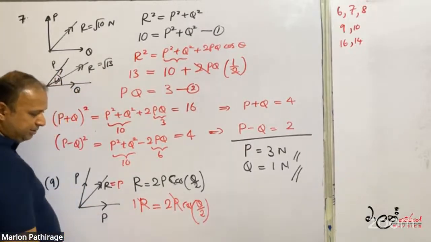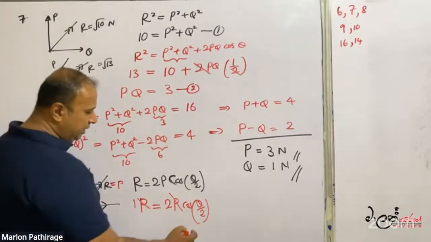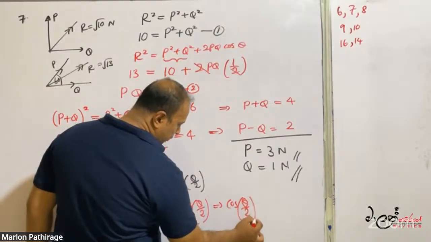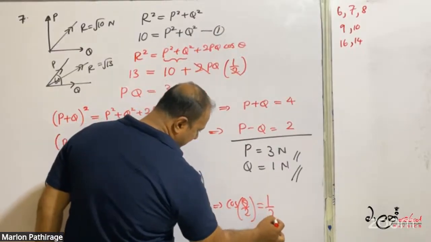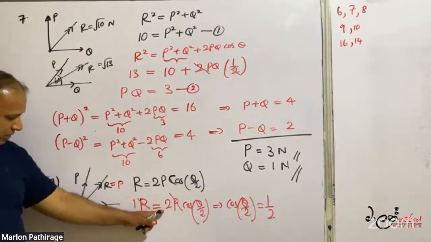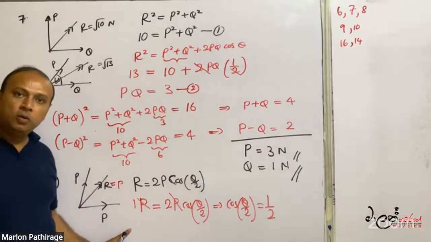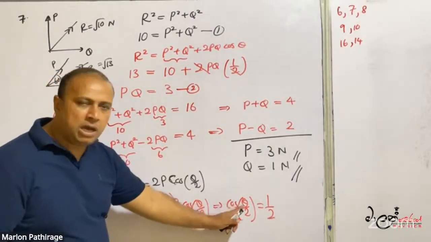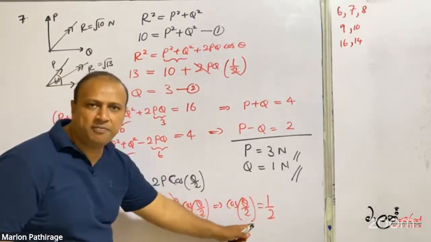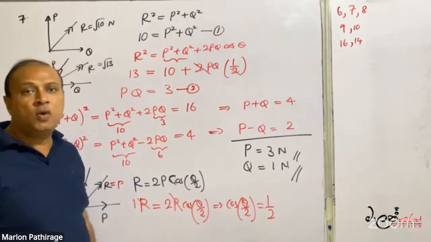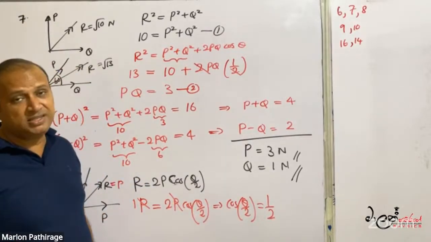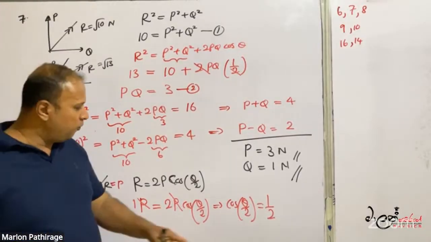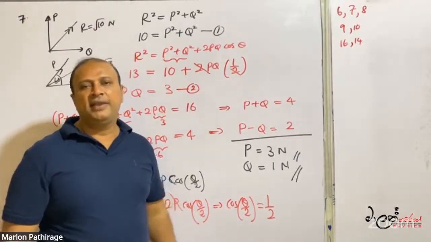Then here this is 1. Therefore cos theta over 2 is equal to half. You have to take 2 to the left hand side, then it will be half. Cos theta over 2 equal to half means theta over 2 should be 60, because when the cos value is half, the angle should be 60.